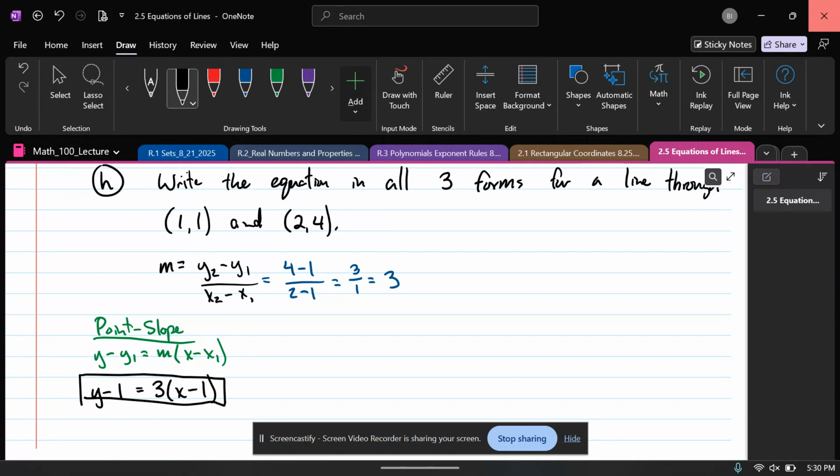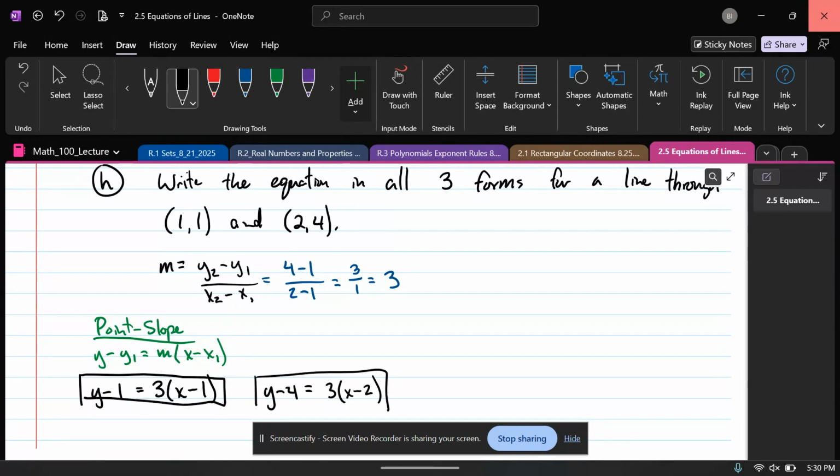What's the other one? What would be the other point slope form? y equals 3x minus 2? That'd be the slope-intercept form. What's over here with y if we use the other ordered pair? y minus 4.